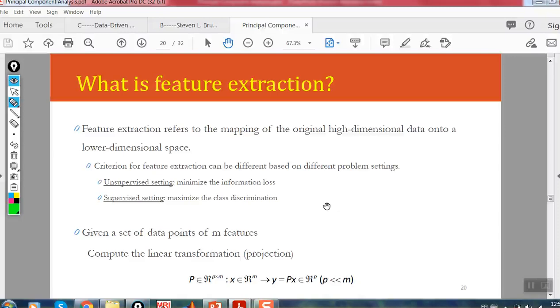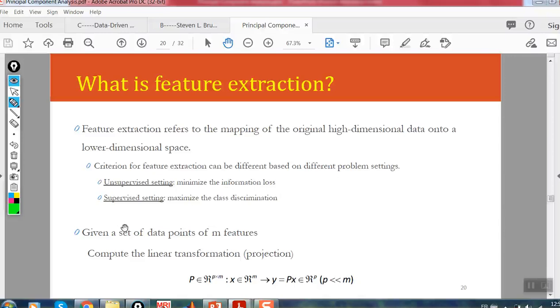But this feature extraction can be done in an unsupervised or supervised setting. Unsupervised means the goal is to minimize the information loss. We try not to miss the information.